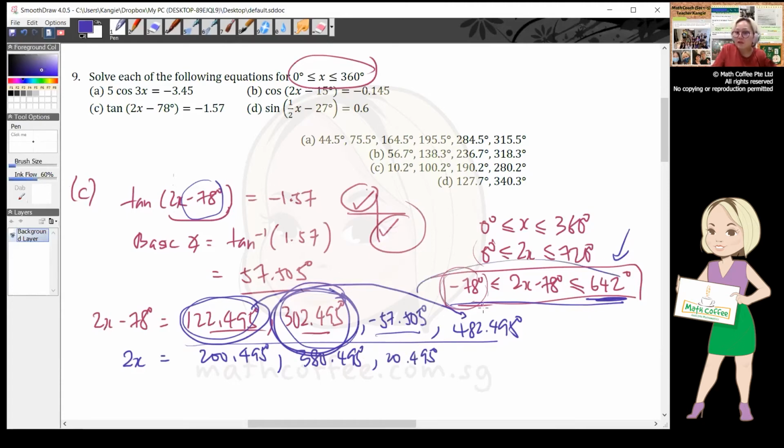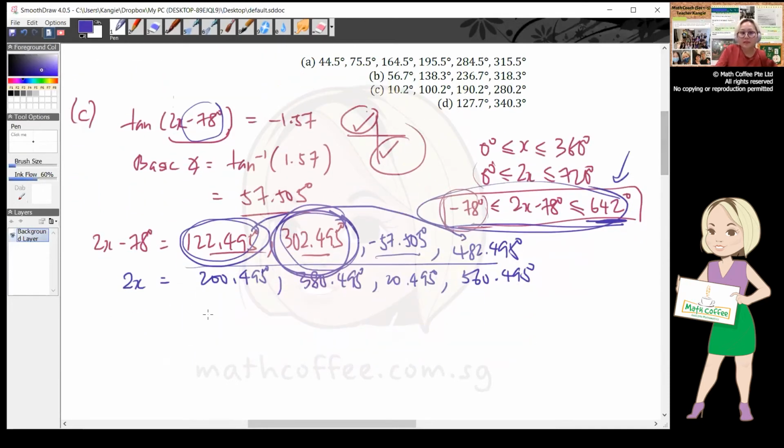That's why the working range is very important, okay? 482.495 plus 78. Then the last step is, because you're supposed to solve x, not solve 2x, so just do one last step, everything divide by 2. So divide by 2, 280.2475.